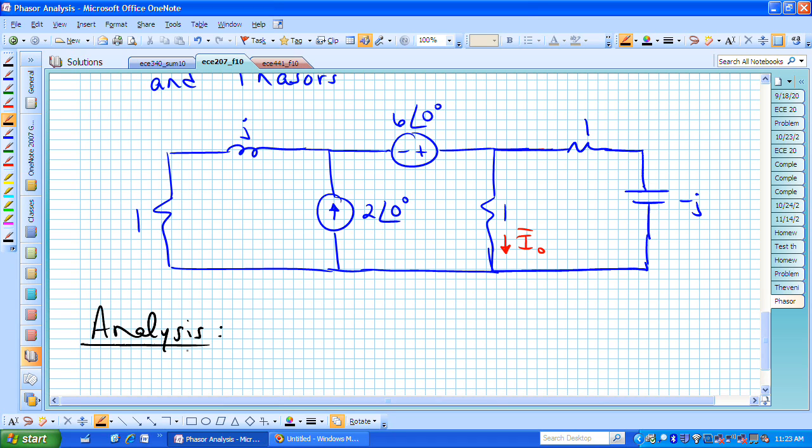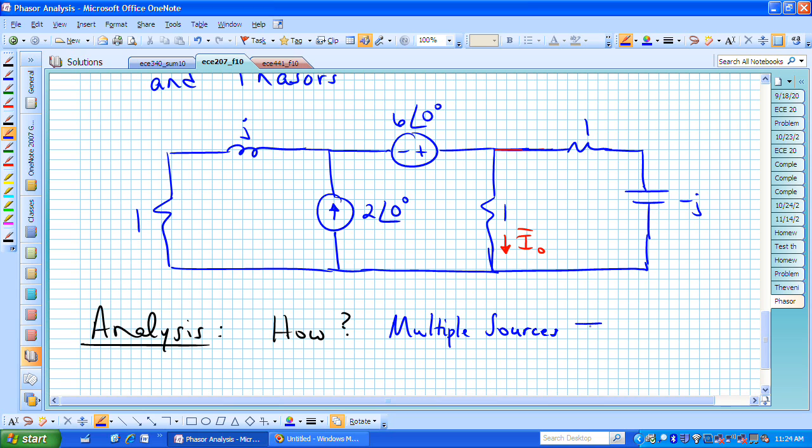And as you're looking at this, you need to be thinking about the different ways that you could analyze this. Well, one, as I've already commented on, there are multiple sources. In this case, they're both at the same frequency, and so we can solve this with both of those sources in place.